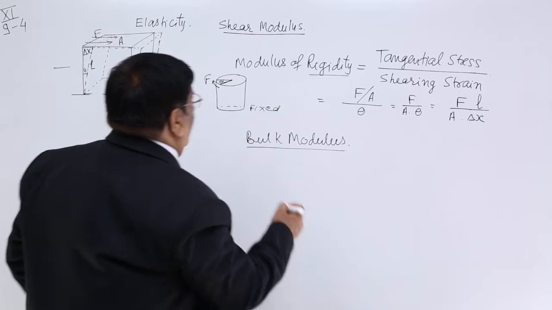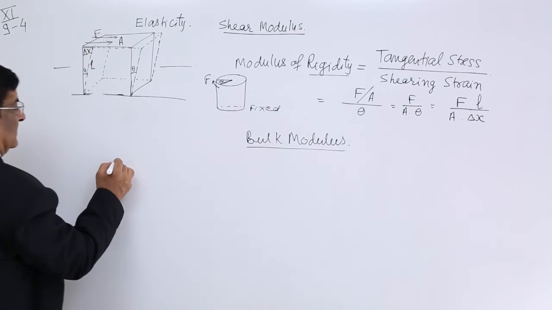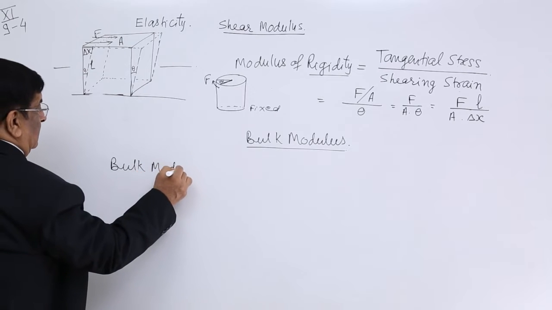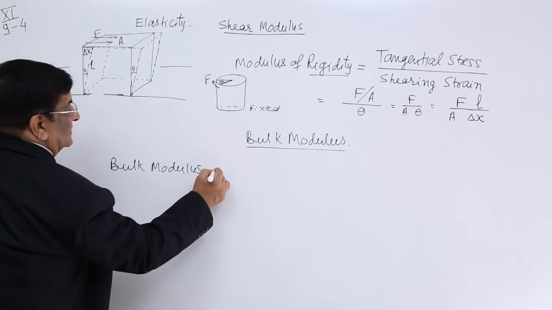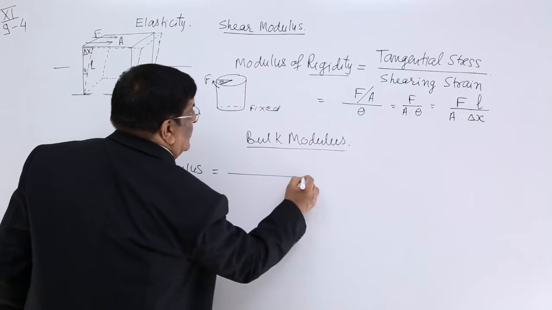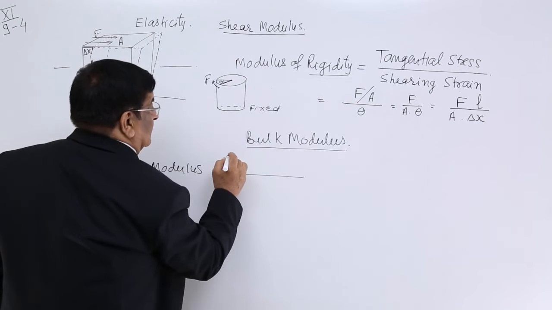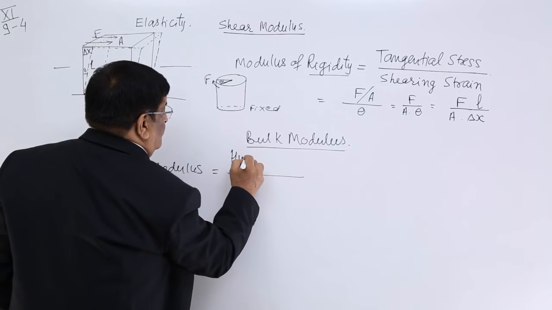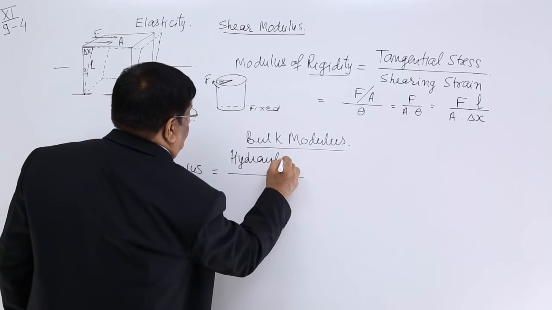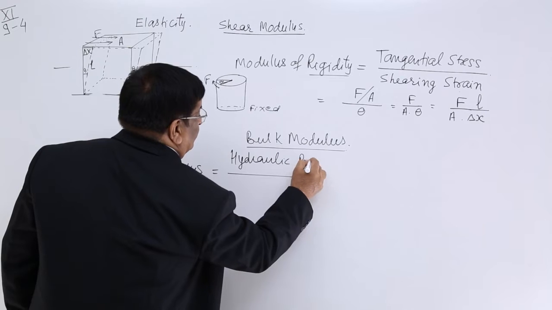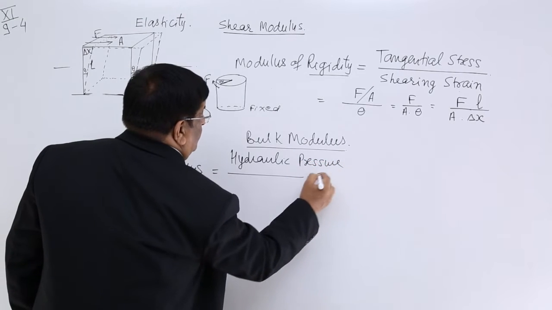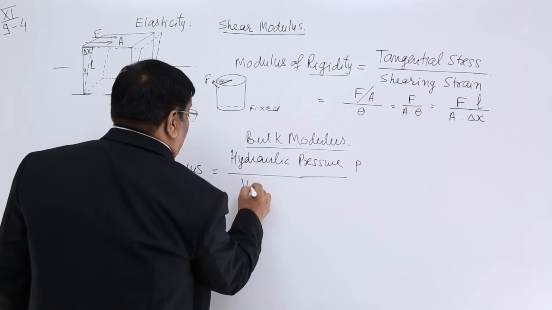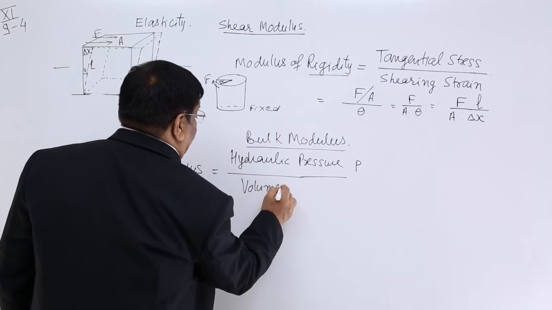So the bulk modulus is equal to the hydraulic pressure P divided by the volumetric strain.